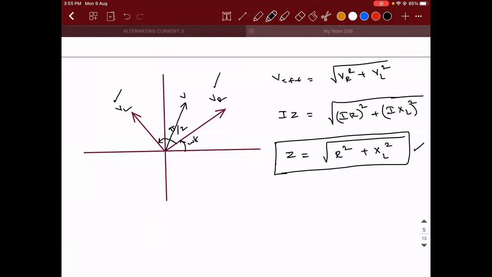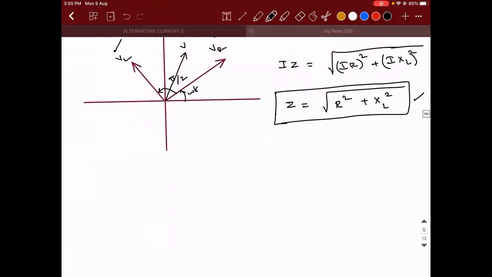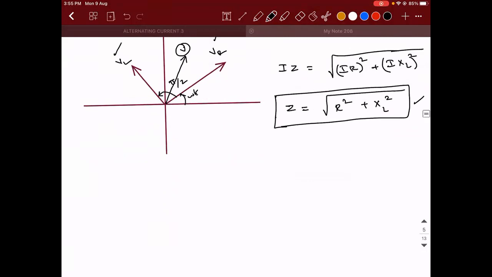Now, I would like to introduce you to one of the triangles. If the question is, how much is the angle made by the resultant with the resistance voltage, let me take this angle as phi. I am drawing VR like this, and with respect to VR, VL is like this.